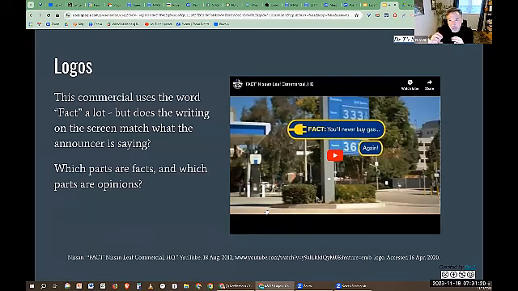And sometimes the narration matches what's in the commercial, and sometimes it doesn't. When it matches what's in the commercial, the narrator is saying things that are facts. When it doesn't, it's saying things that go with the fact that's on the screen, but that frame it in a different way so that the narrator is speaking subjectively instead of objectively. And it's a really interesting little mix here. And I'll show you some of that in a second.